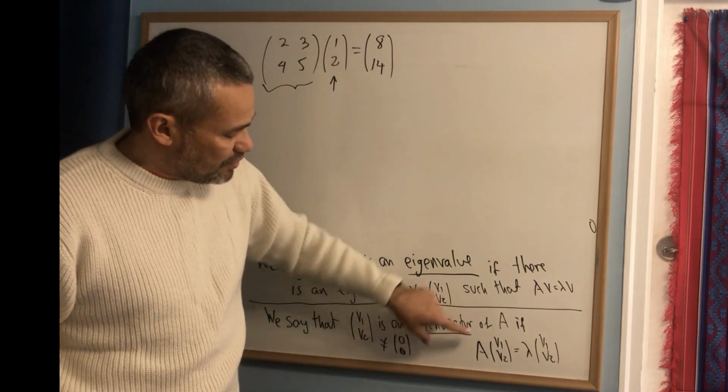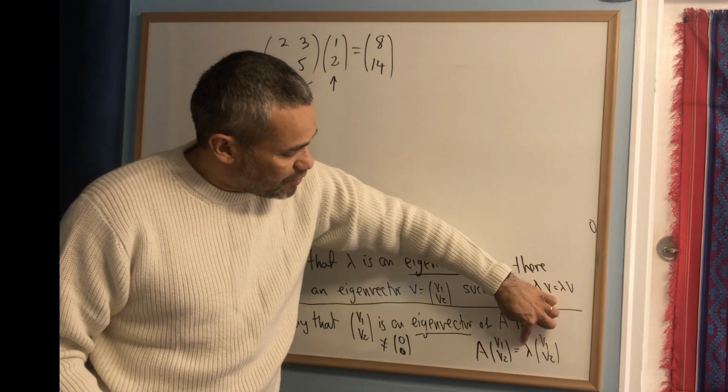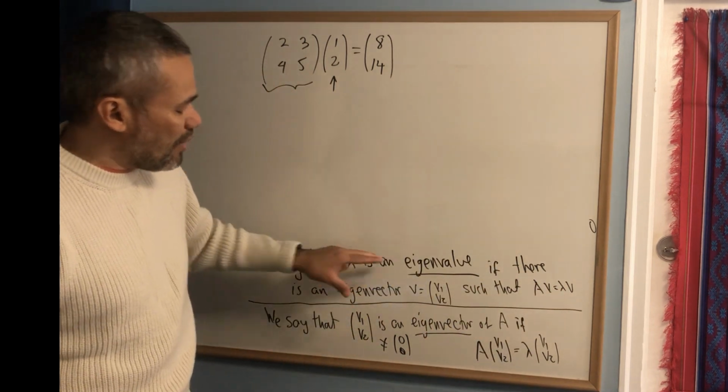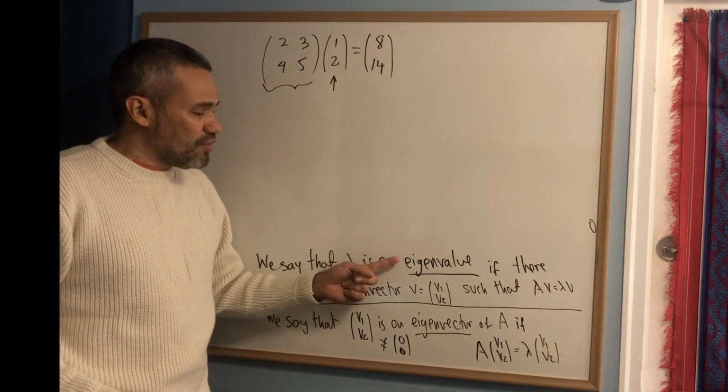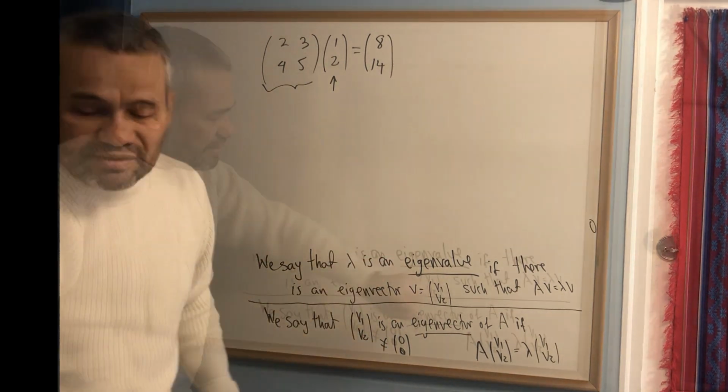Because an eigenvector produces an eigenvalue. But when we do computations, we first compute the eigenvalues and then the eigenvectors.